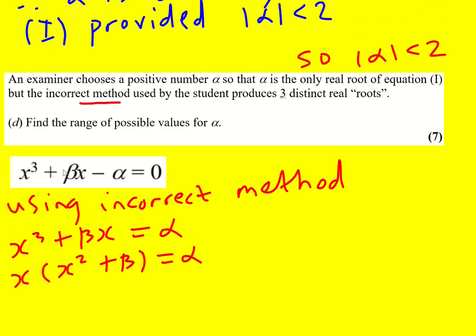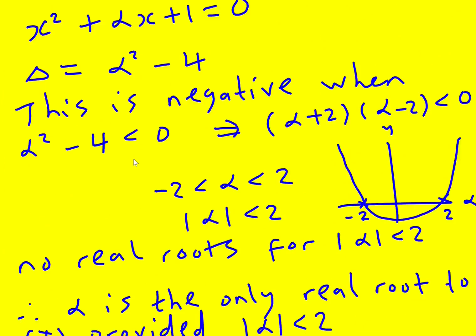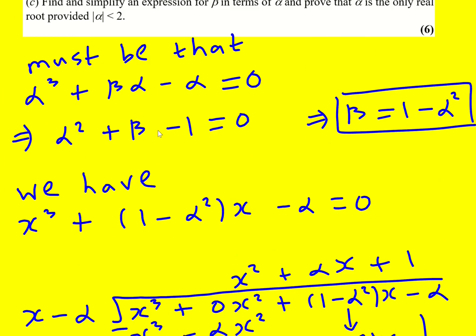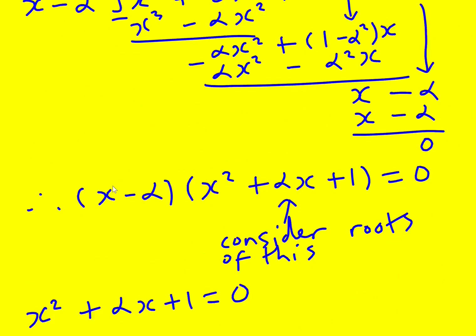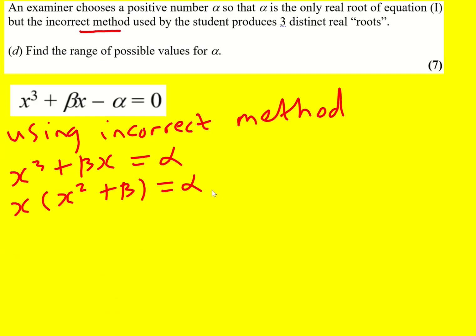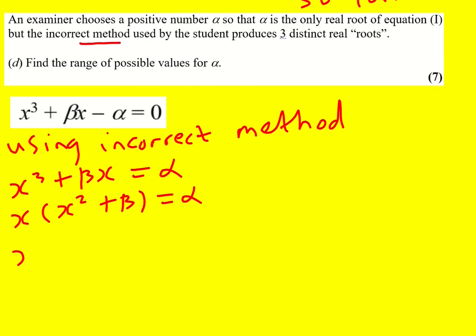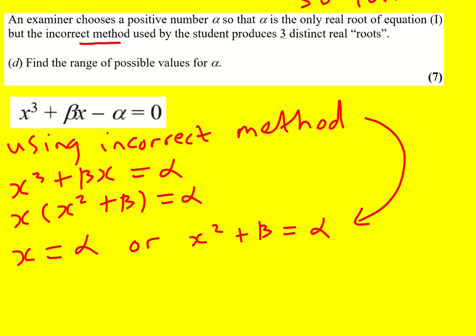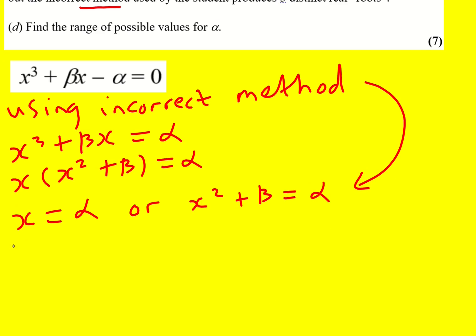Just remembered actually, don't we also have that beta? I forgot this. We showed earlier that beta was 1 minus alpha squared, so I'll bring that in a second. So now we're interested in where we get 2 roots here.